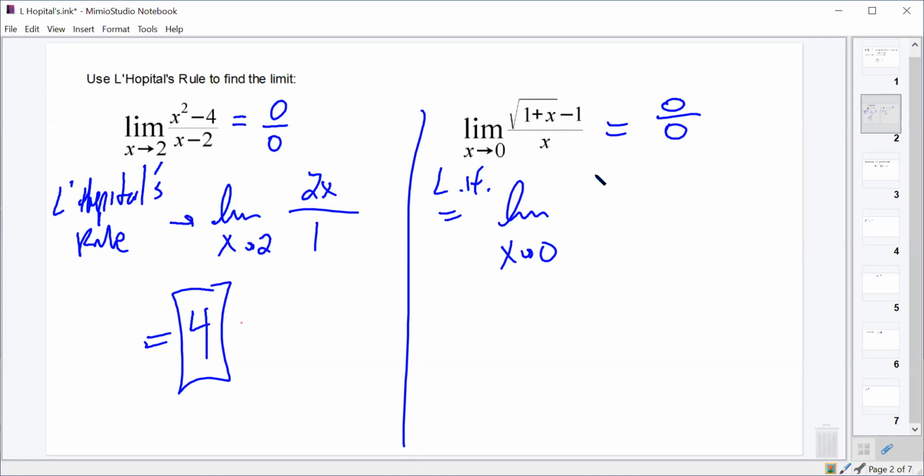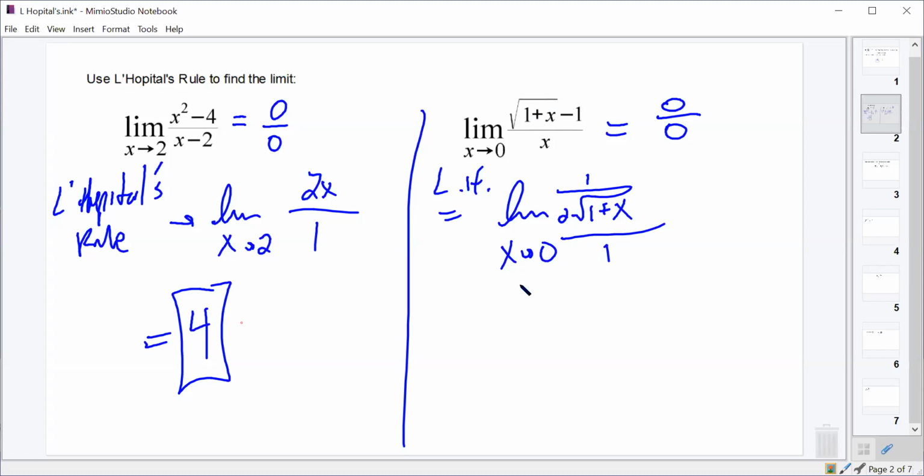One half times 1 plus x to the negative 1/2. Right, if this is root u, it's 1 over 2 root u, where u is 1 plus x, times the derivative of 1 plus x, which is just 1. And then the derivative of the minus 1 is 0. And the derivative of the denominator, the derivative of x, is just 1.